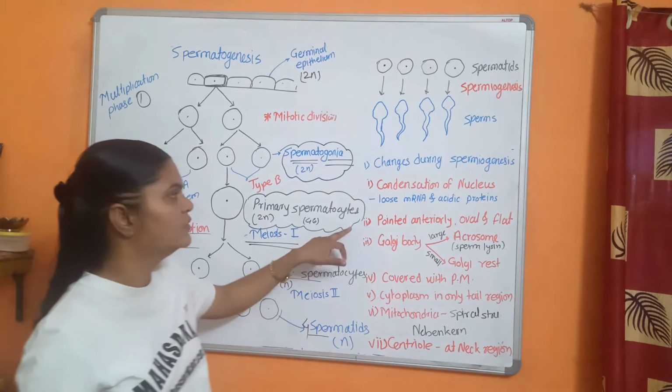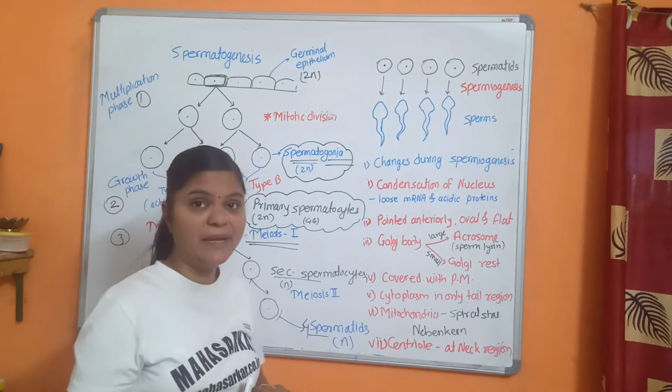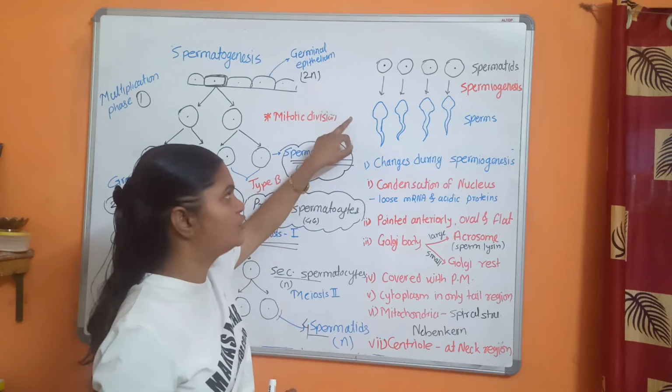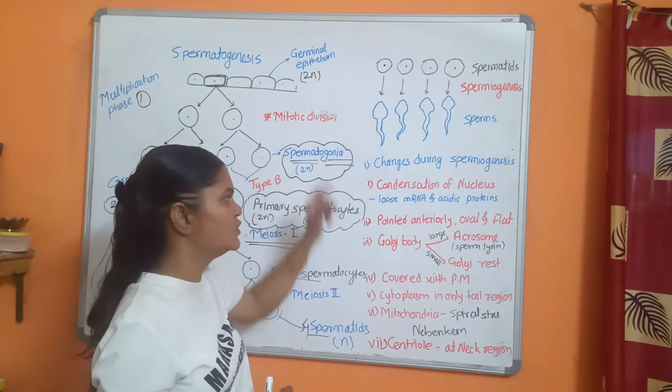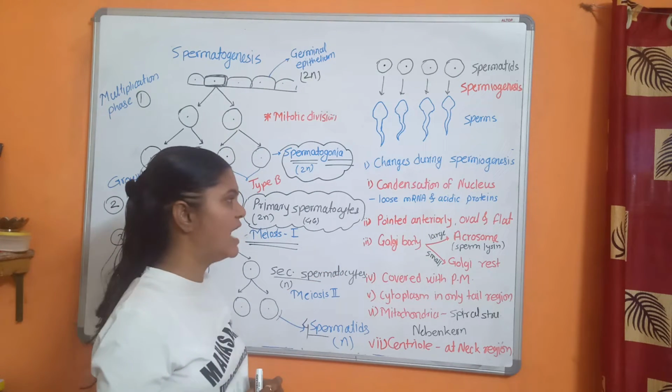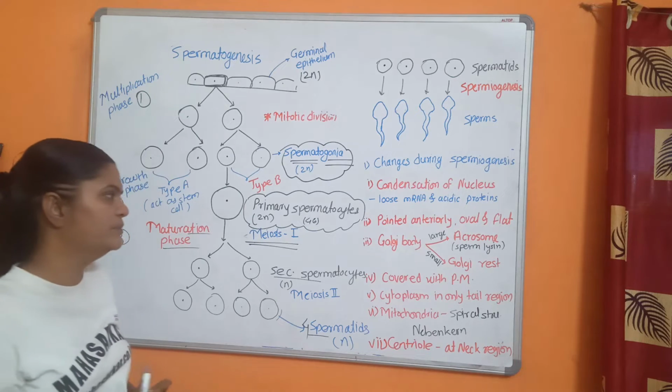Then next, the shape is changed. Here the shape is just circular, but the actual shape of a sperm is like this. So its shape is pointed, anteriorly oval and flat in the case of humans.